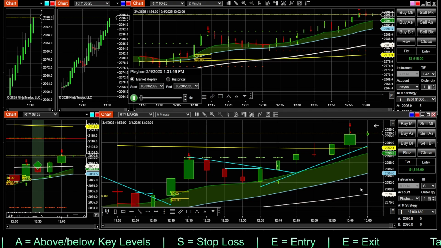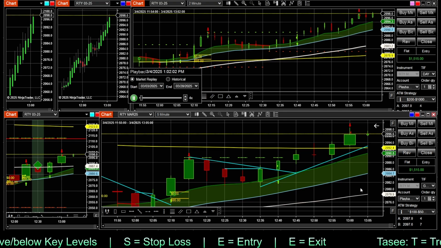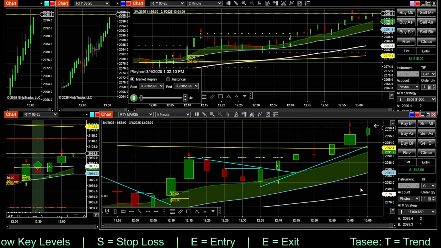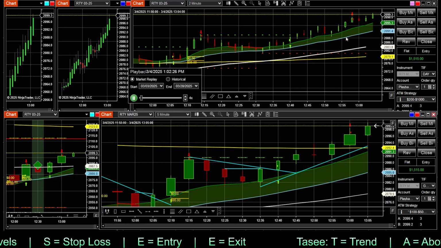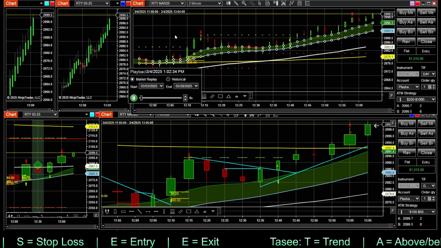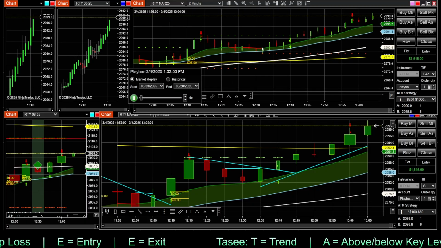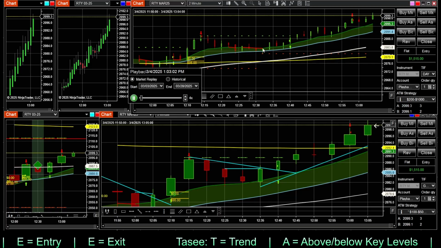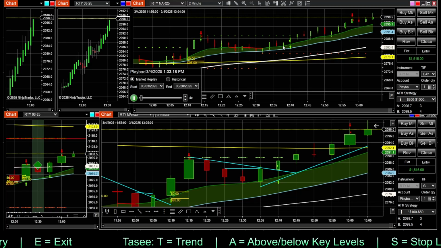So what we're looking for is, we do not want flat clouds. We want ascending on longs, descending on shorts. We want it ascending on the 2-minute. We want to have seen a recent cloud crossover or something similar like this. Top was red and descending, and then it went back up.